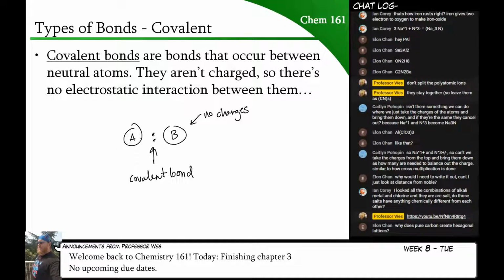That means that the bonding only really occurs in this orientation. The nucleus is attracted to the electrons that are shared, and the electrons that are shared are also attracted to the neighboring nucleus. So, unlike ionic compounds, which would propagate in all directions, covalent compounds focus their bonding between two atoms, and that's it.